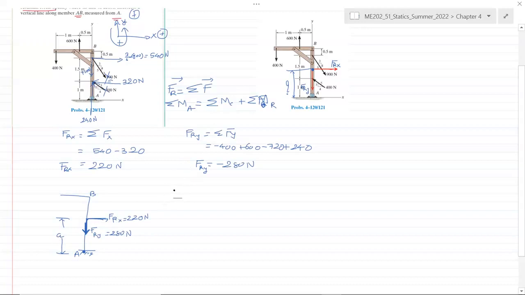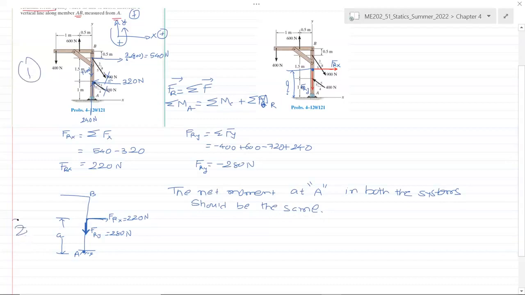So the net moment at A in both systems should be the same. When I say both systems, I mean the multi-force system and the resultant force system.